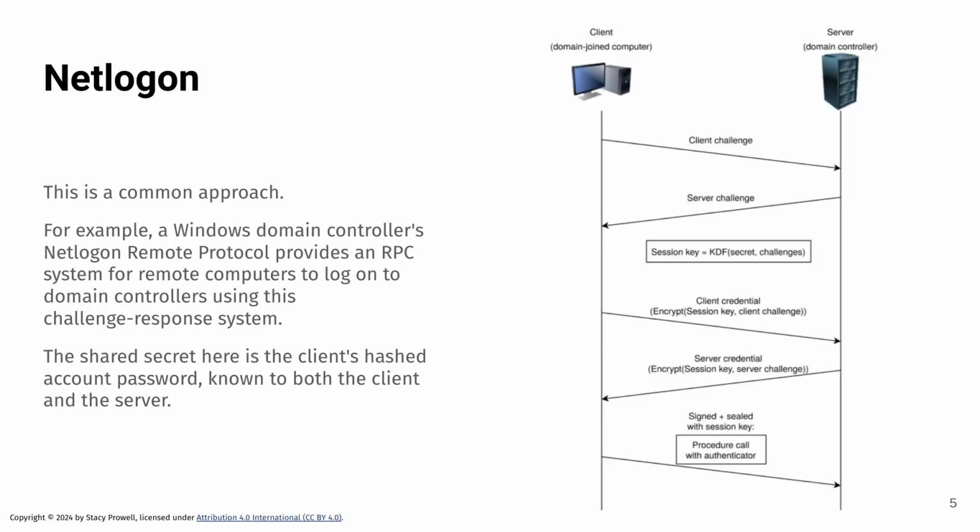So here is an example of this. This is the Netlogon remote protocol used by Windows to authenticate to a domain controller. The shared secret is the client's hashed account password. That hashed password is known to both the client and the server.